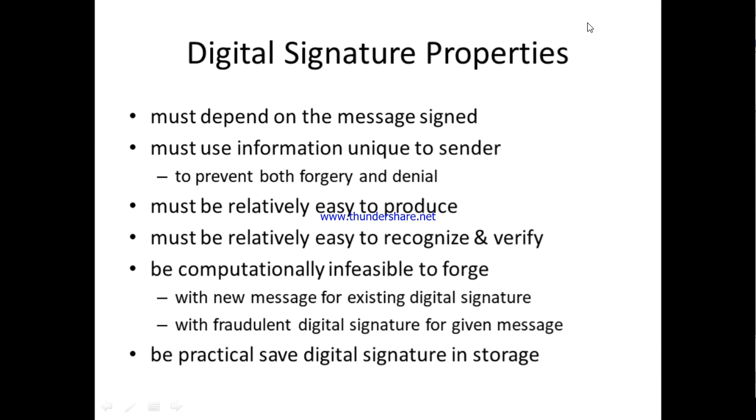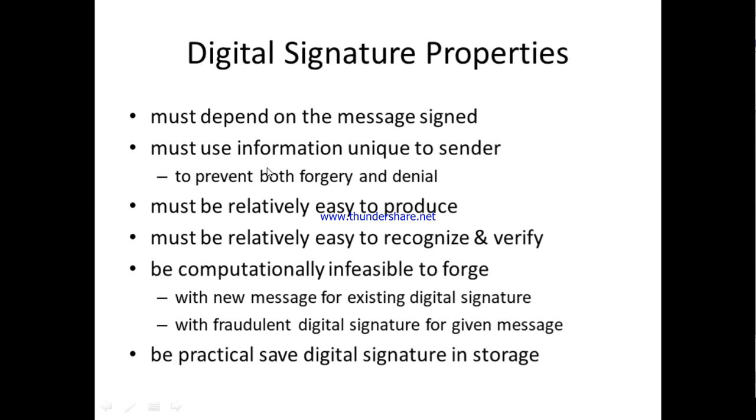So what properties are needed for these digital signatures? The digital signature must depend on the message, on which message you are going to sign. It should depend upon the message. It must use information unique to the sender, so that only the sender knows it, like the private key of the sender.